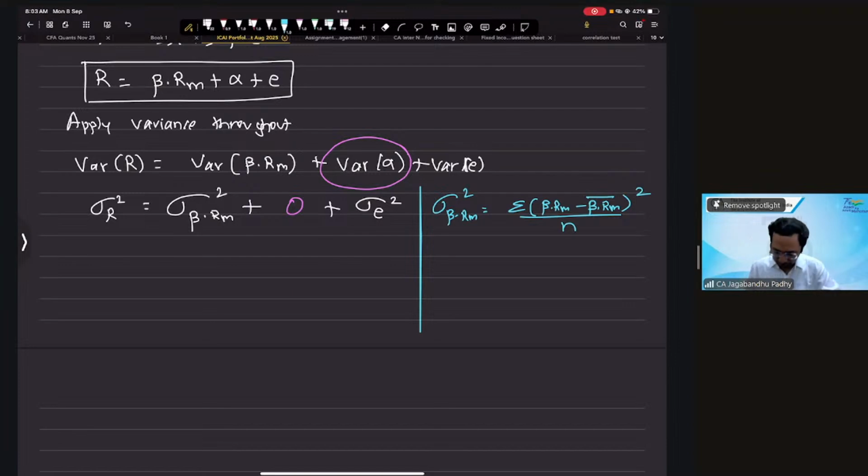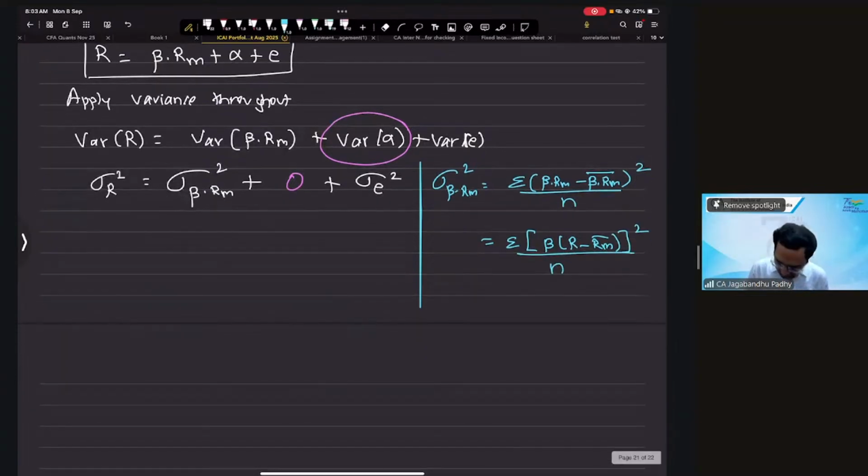Makes sense, everyone? Yes. From this, we can take beta outside: summation of Rm minus Rm bar, the whole square, upon n.